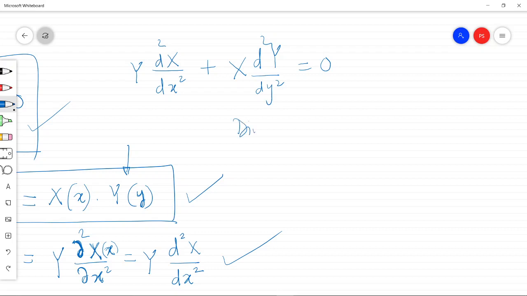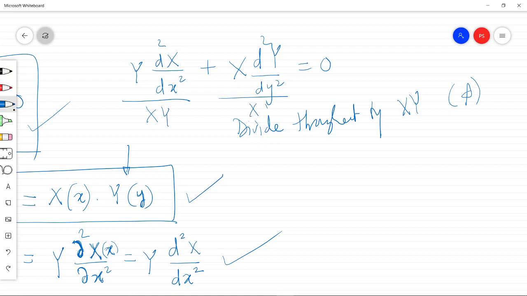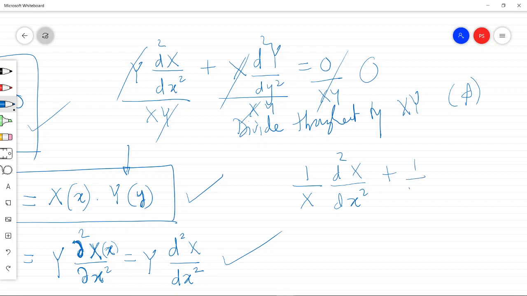Now we divide throughout by X into Y, that is phi, since phi is X into Y. If we divide throughout by XY, this Y gets cancelled, this X gets cancelled, and here we have 0. So we are left with 1 upon X d2X by dx squared plus 1 upon Y d2Y by dy squared is equal to 0.